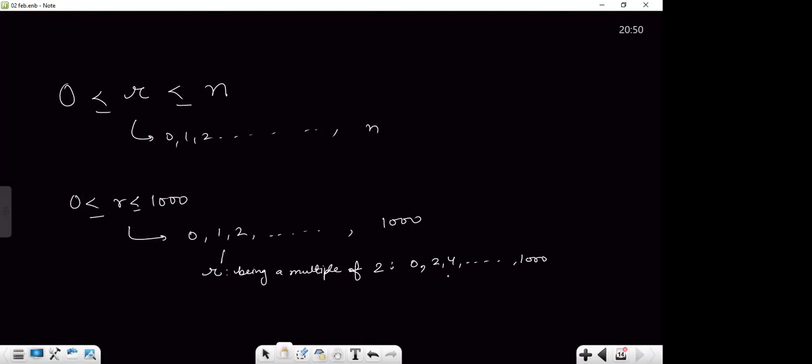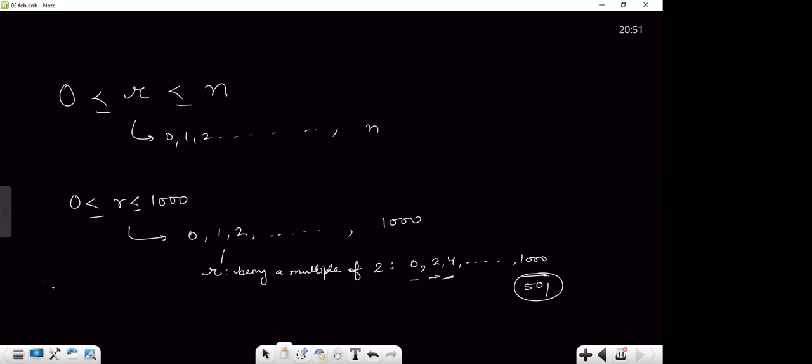Okay, this is the first term, this is the second term, this is the third. So this should be the 501st term. So total 501 terms are there. There are a total of 501 rational terms.